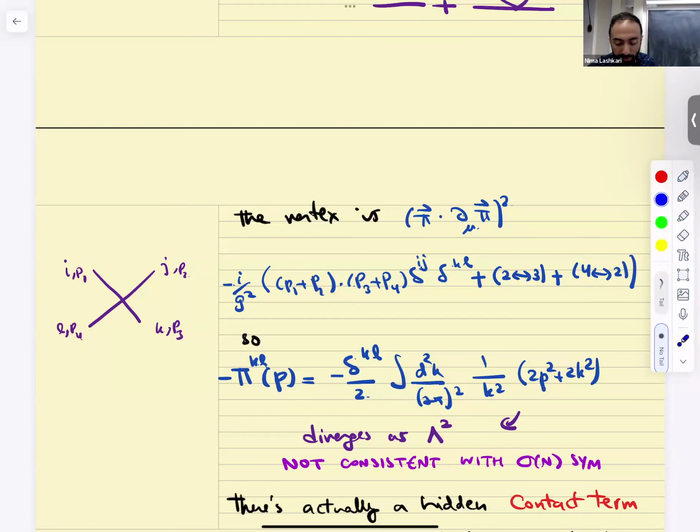This is what the Feynman diagram is. These are hopefully clear, right? What's the origin of these? Derivatives. Right?